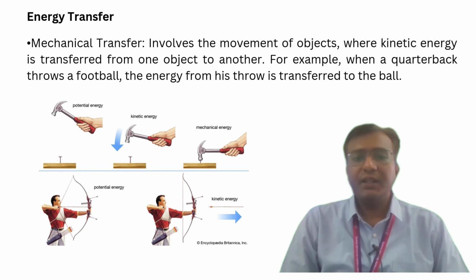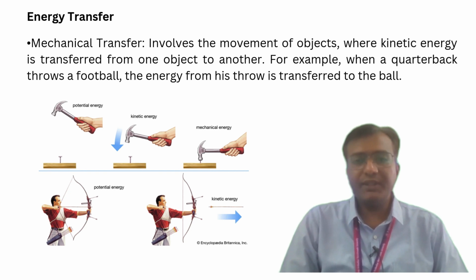As a result, the football gains kinetic energy and is propelled through the air. The energy initially stored chemically within the quarterback's muscles is converted into kinetic energy of the football.